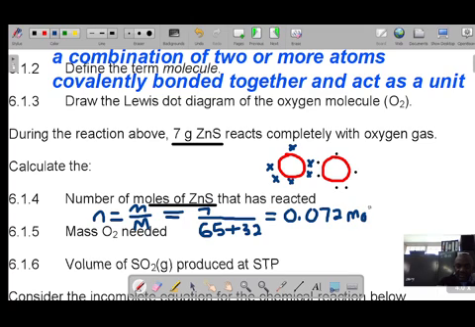Next question says: the mass of oxygen needed. To know the mass of oxygen needed, I need to know how many moles are needed. I do that by using the mole ratio, because oxygen is reacting with the zinc sulfide. Let's check our equation again.